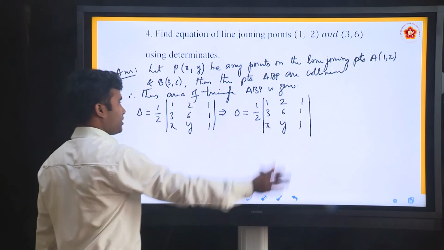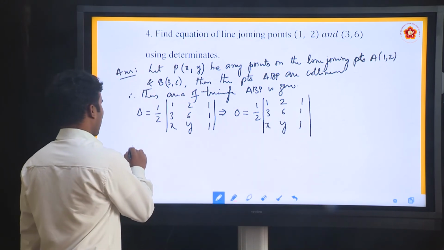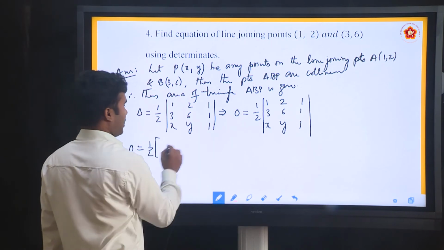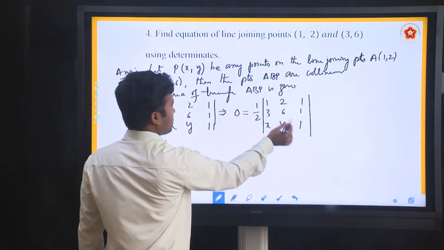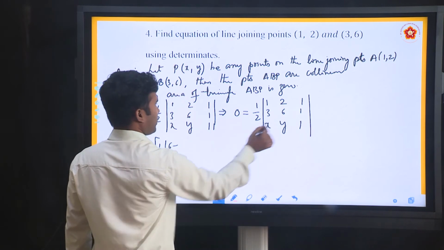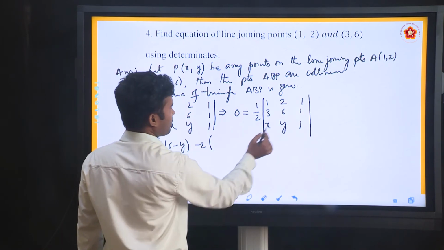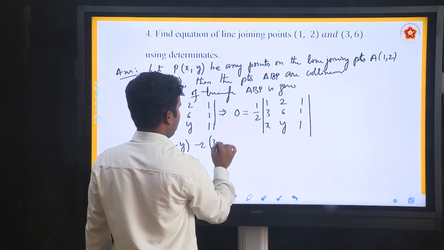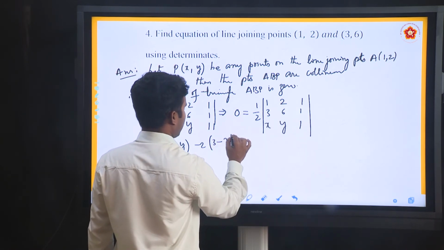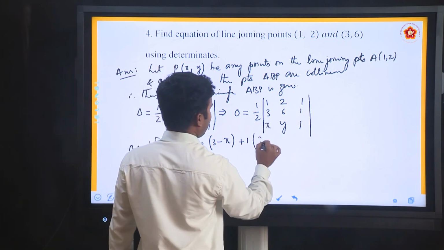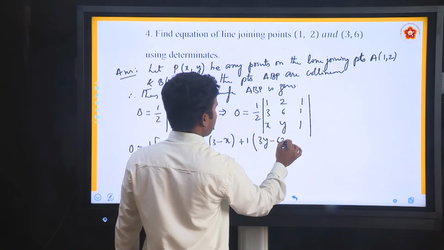Now you can expand along R1. 0 is equal to half into plus 1 into (6 minus y), minus 2 into (3 minus x), plus 1 into (3y minus 6x).